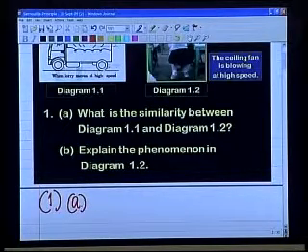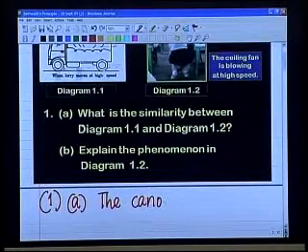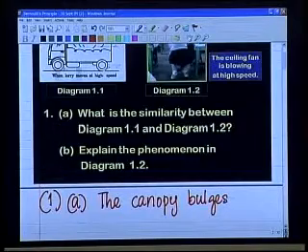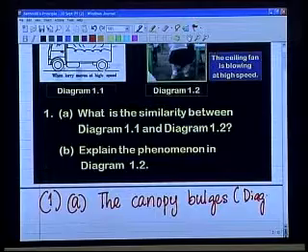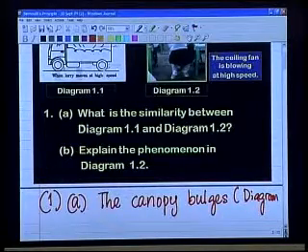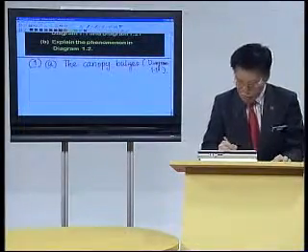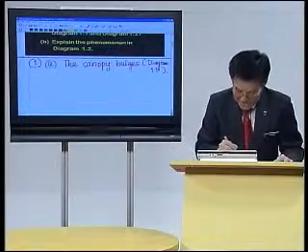We will say that the canopy bulges. Okay, this is in diagram 1.1. Alright, and then in diagram 1.2, we have the boy, his shirt also bulges.